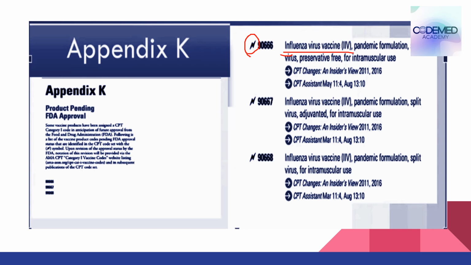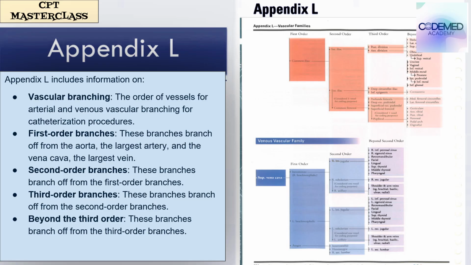Whenever a new vaccine comes into the market, the vaccine remains under trial for a certain period of time. After that period passes, it gets complete FDA approval. Until that time, while the vaccine is under trial, that is noted by the lightning bolt symbol in front of the code.